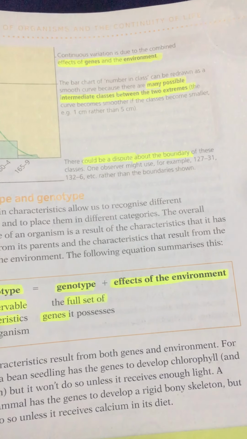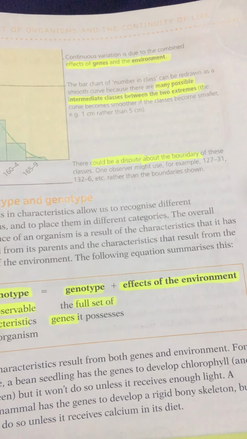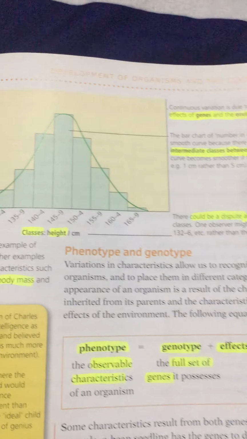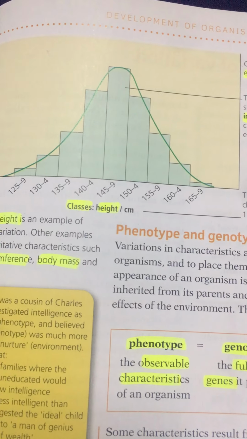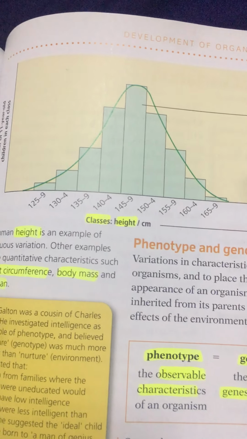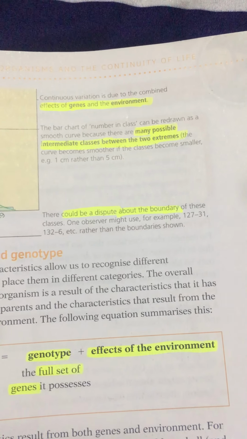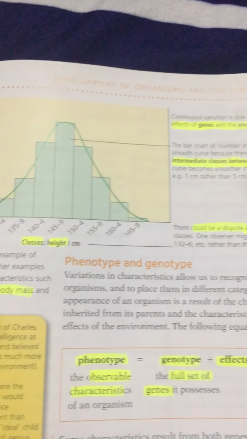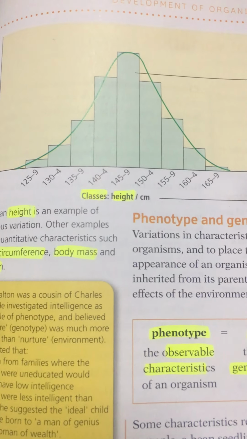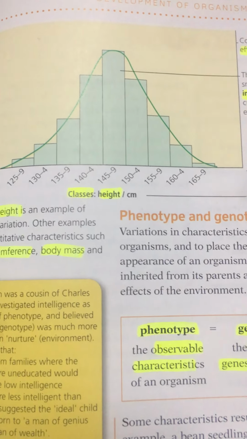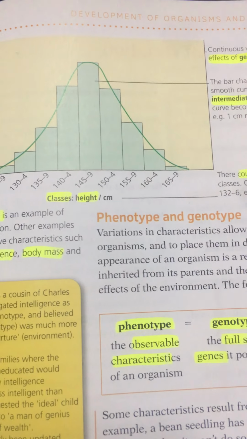And the second thing, we say that there are many possible intermediate classes between the two extremes, so we can draw a smooth curve. The curve becomes smoother if the classes become smaller. So here we have the classes, so we can draw a curve.